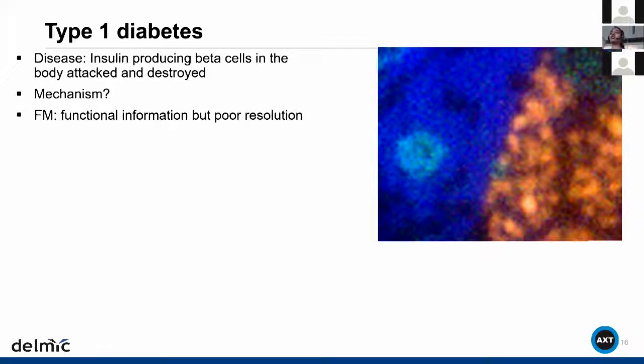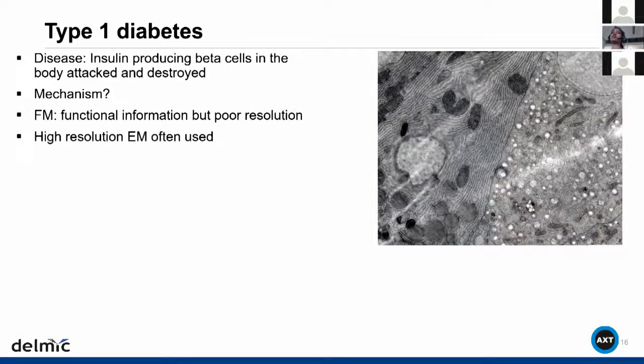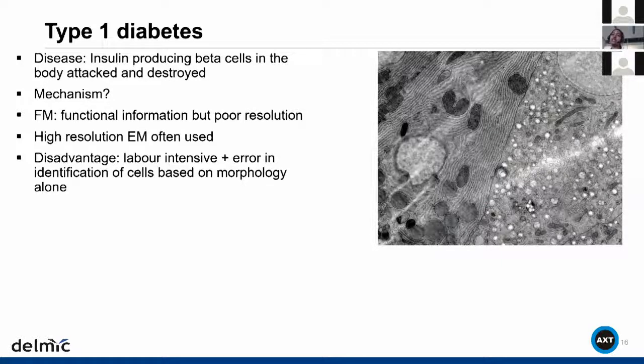Electron microscopy is a commonly used technique for imaging, which is high resolution, but the disadvantage is that it's labor intensive and is also error prone as far as identification of cells is concerned, because the identification is performed based on the morphology alone.